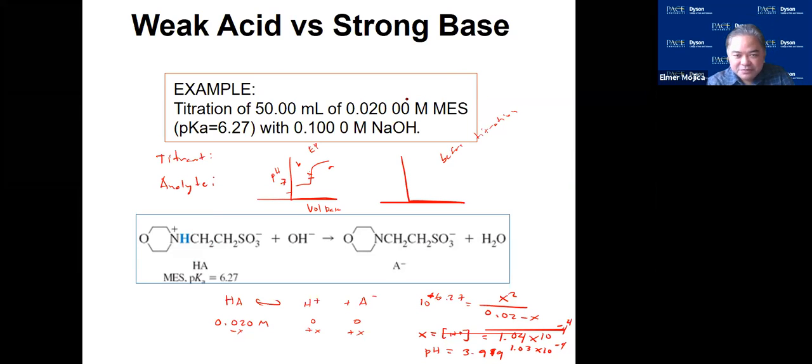Okay? So let's start now at the first region, the one before the equivalence point. But before we do that, we need to determine what is BE. Anyone can solve for the BE? What's the volume at equivalence point here?